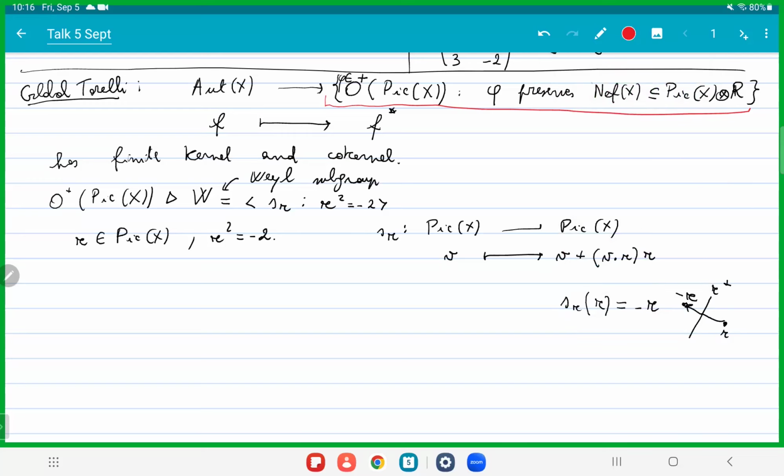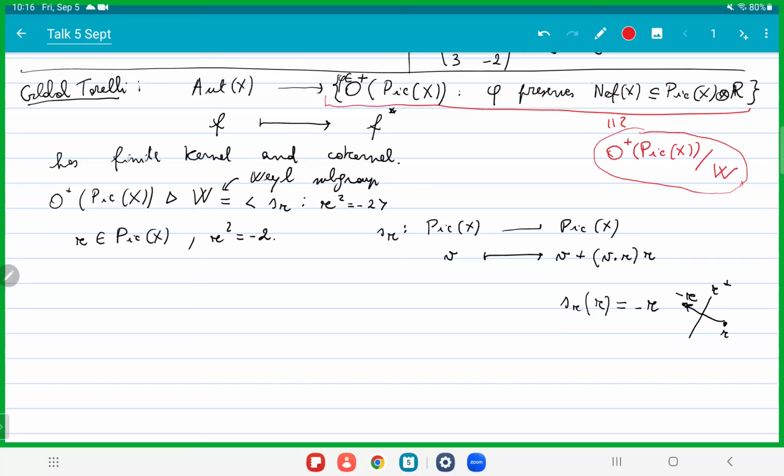And a refined version of global Torelli says that this group on the right, the group of isometries that preserve the nef cone, is isomorphic to the quotient O plus of Pic divided by the Weyl subgroup. And now really this object here is purely lattice theoretical. We're not talking about K3s anymore.